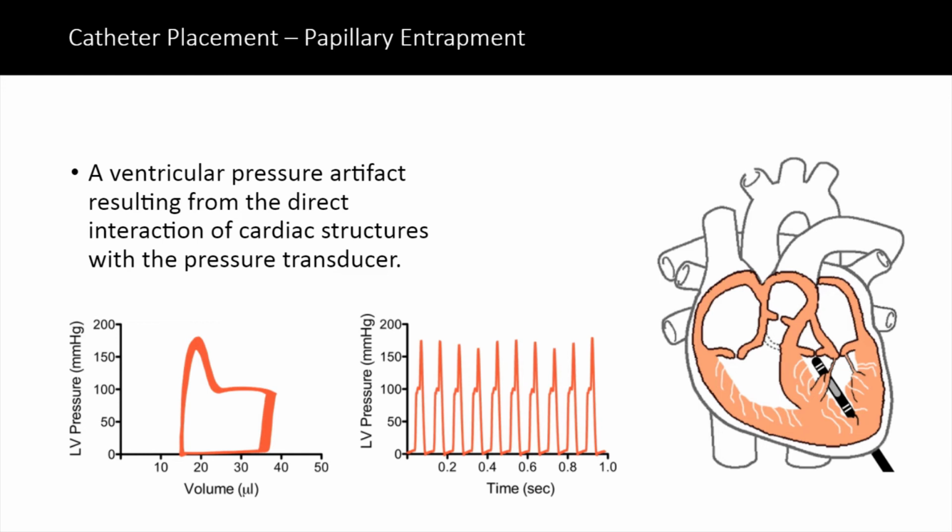For that reason, I'll often use preload recruitable stroke work as a measure. So you look at the stroke work, which is the area inside the PV loop, as Adam described, and how that changes with changes in preload, to get around some of those issues with these spikes.